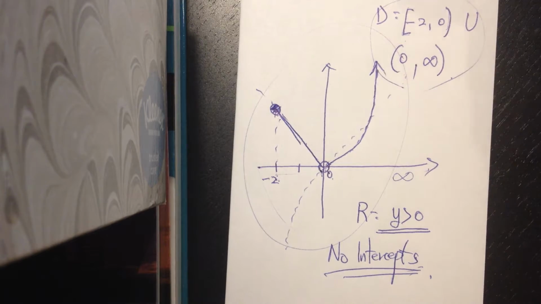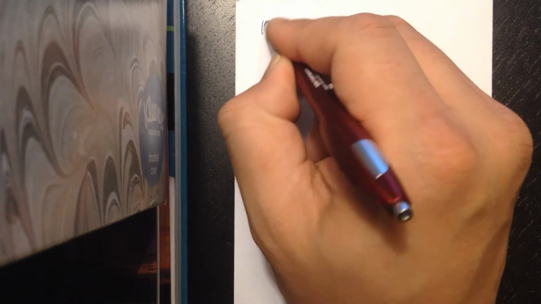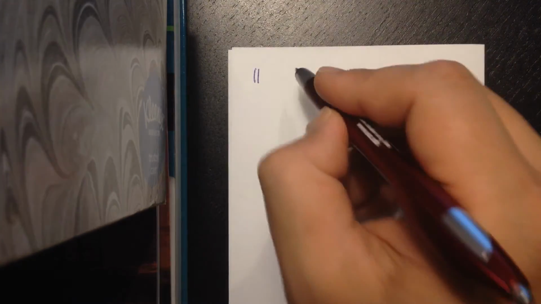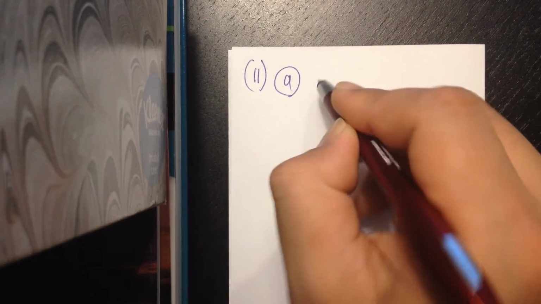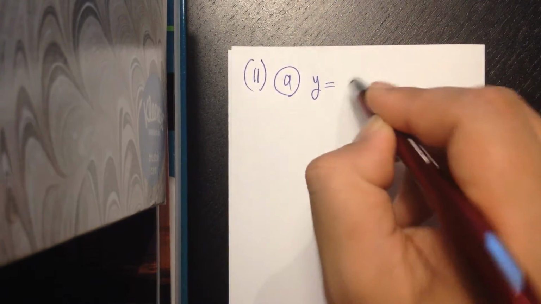Okay, last part of the review. I'm just going to come up with quickly letter A. This is number 11. Letter A, which is the absolute value function.